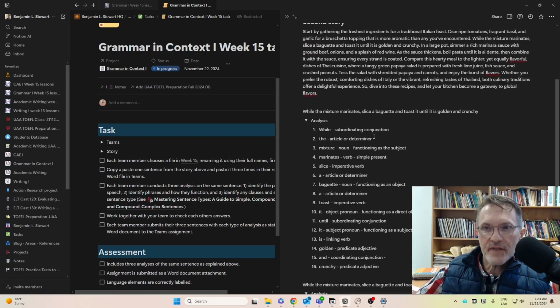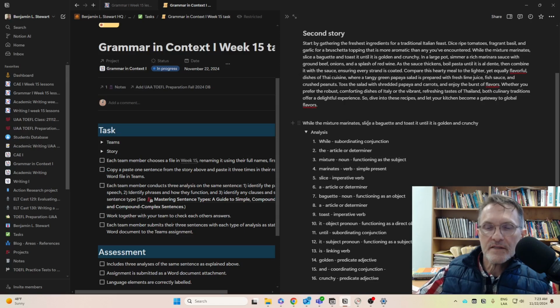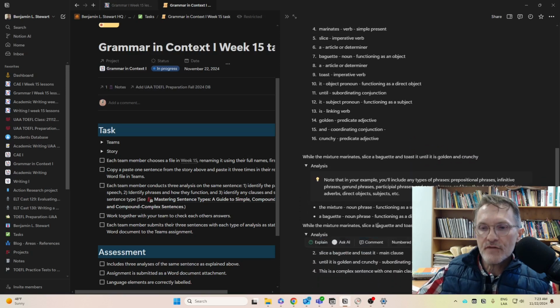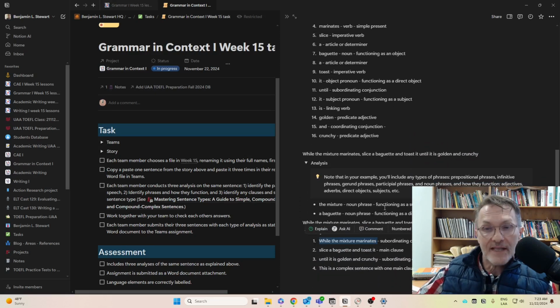So this is the activity: extract one sentence, conduct three different analyses at three different levels. Again, one at the level of the individual word, trying to mention also how they're functioning, also the noun phrase and how they're functioning, or the type of phrases.